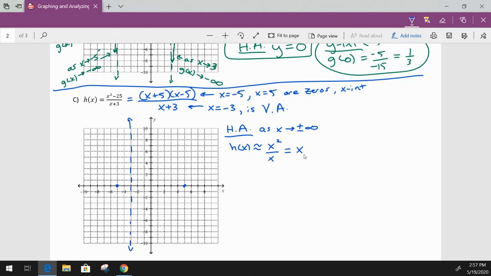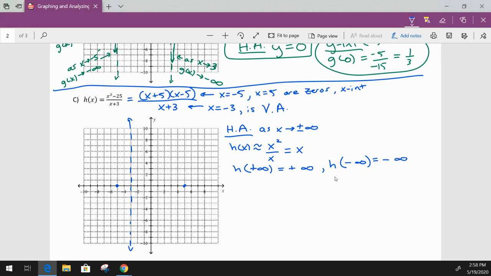I should say squiggly equals there. It's not actually equal to, but it's approximately the value of x squared over x, or x. So what would happen if you put in positive infinity, or a very, very large number, for x? It's going to equal the same thing, positive infinity. If you put in negative infinity, or a very, very small number in the negative direction, it would be going to negative infinity.